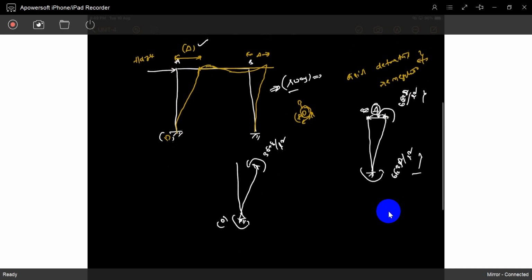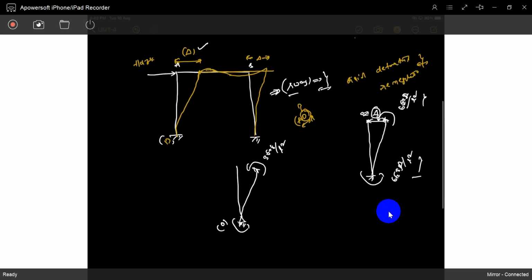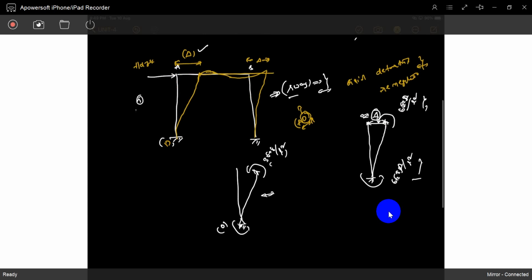That's how it will happen. We have to consider it this way and take these considerable moments also. Taking the support displacement, fixed end moments are generated. So when will sway happen? One time is when a horizontal load is acting.